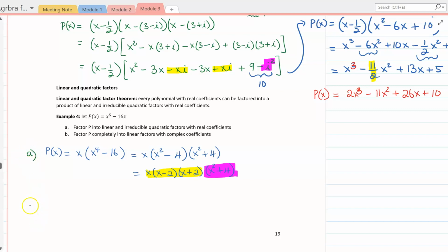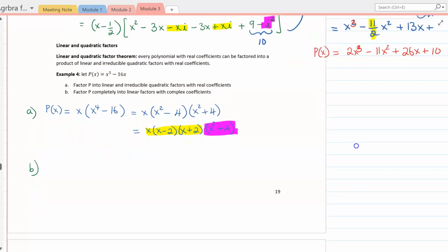And what if we want to factor this completely? We go one step further. So x squared plus 4 is really just saying this is x squared minus negative 4, right? And so I can write this as x squared minus (2i) squared.